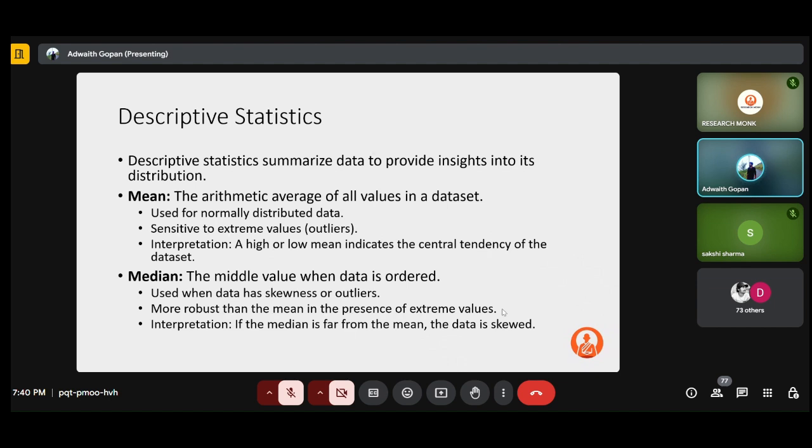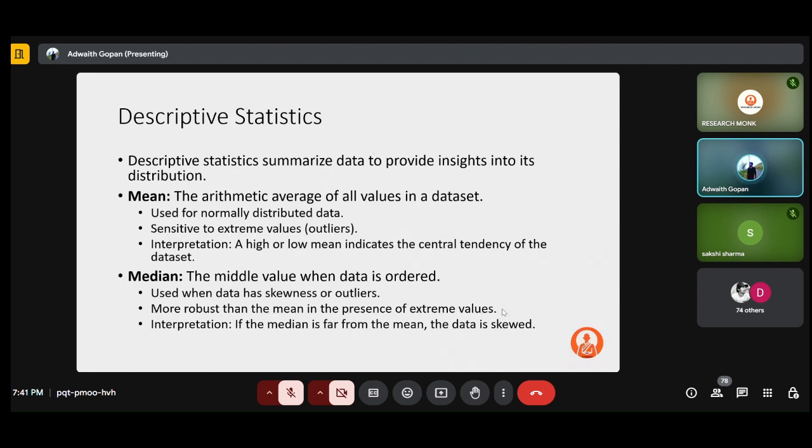What type of variables are you dealing with? What is the range of the variables? What is the mean of the variables? These descriptive statistics will provide you with the character of the variables you are dealing with, so that it will help you in deciding what type of analysis you want to use in your study.